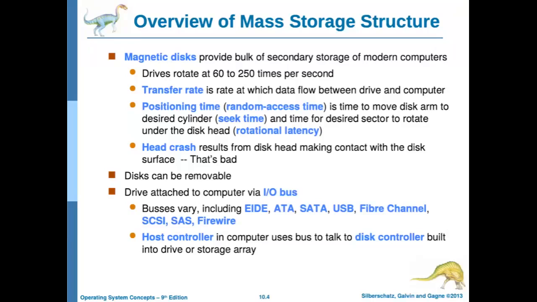That is the rotational latency. In the next slide you will see the mechanism of the moving head of the disk. The important part is that whenever the moving head makes contact with the disk surface, that creates a problem. The read-write head will crash.